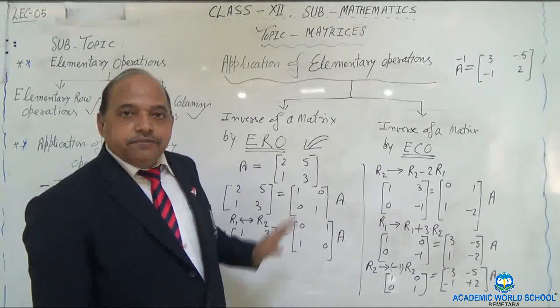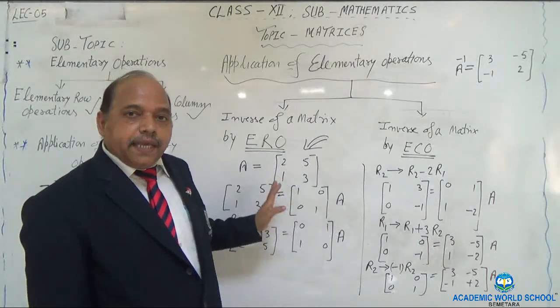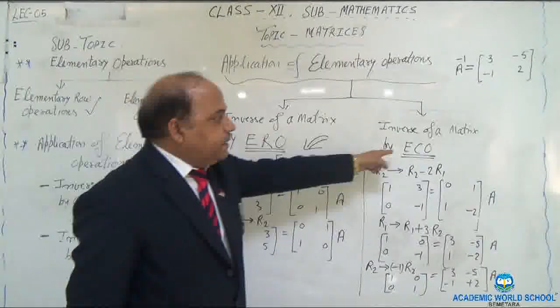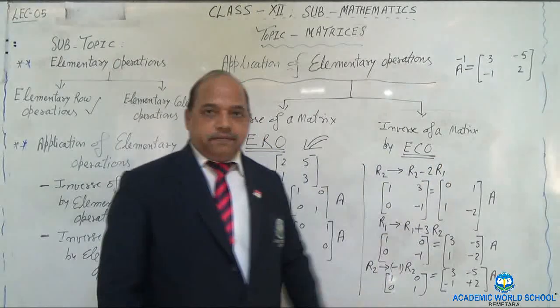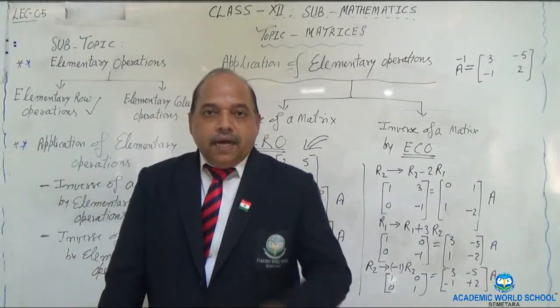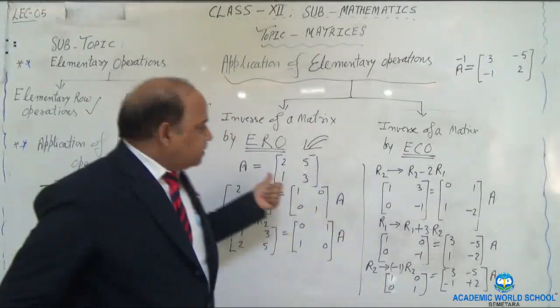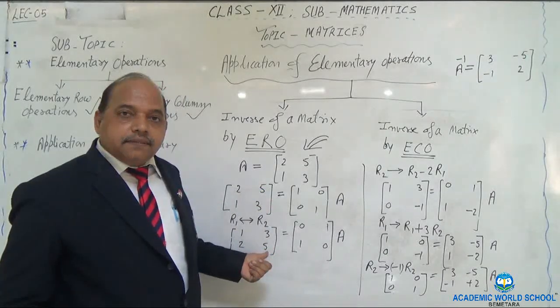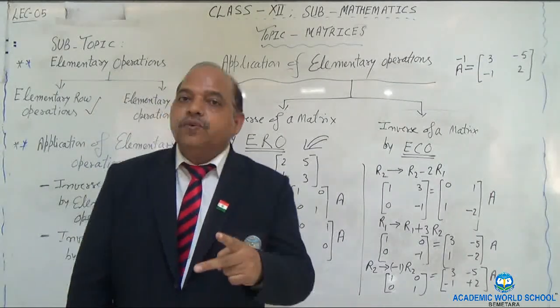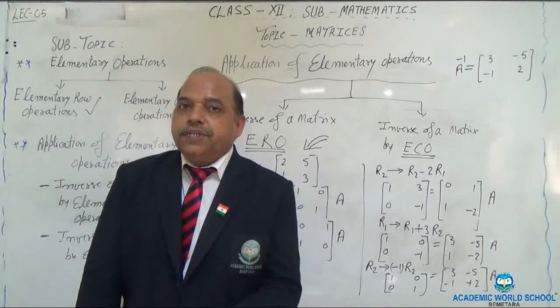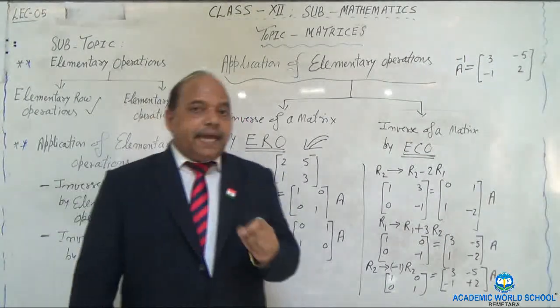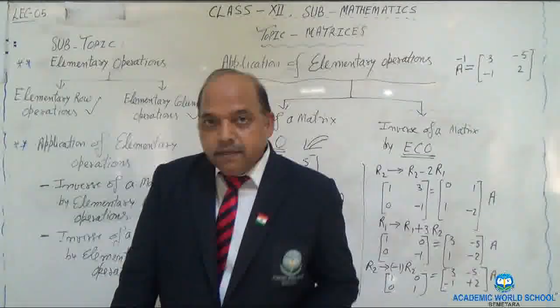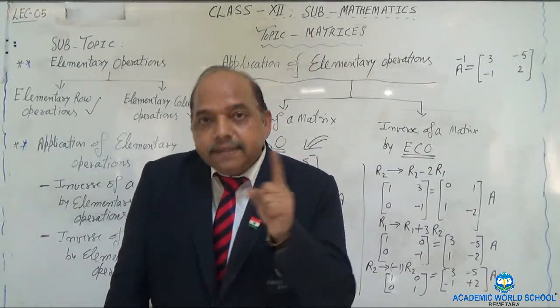Now, if you have to apply the same thing using elementary column operations, what will you do? As I said in the beginning when I started this process, there are two things you need to remember. First, you need to decide which elementary operations you are applying, row or column.